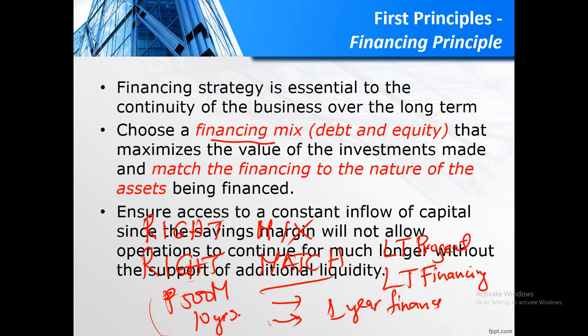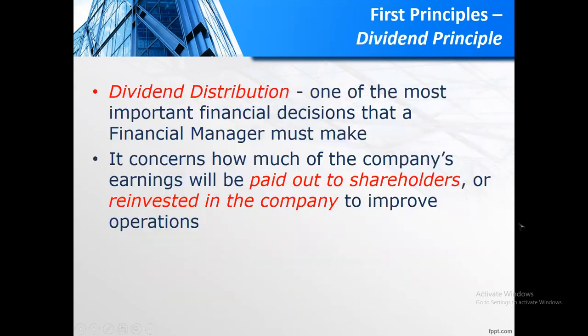This can only be done if the company has financing for its inventory, for example. A firm that's not able to purchase raw materials anymore will not be able to have finished product and sell. So for sustainability, guys, it's important that finance ensures that there's a constant inflow of capital. Whether it's a short-term asset or a long-term asset, it's very important that the firm is able to provide the additional liquidity. That's for financing.